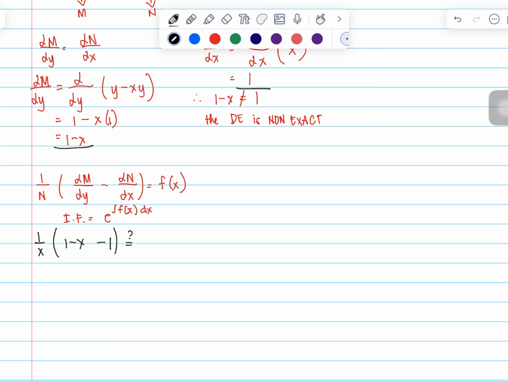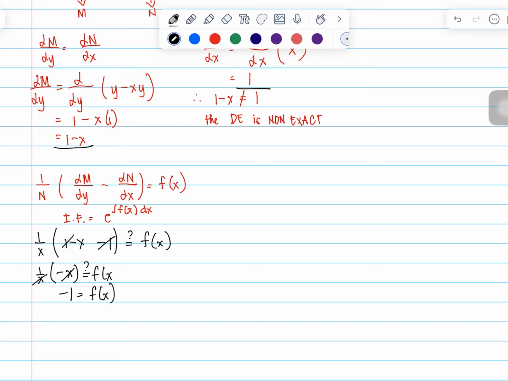So is it equal to a function in terms of x or a constant? Let's see. You have 1 over x, and 1 minus 1 minus x is negative x. Now, that becomes negative 1 is equal to f of x. Now, this is a constant.